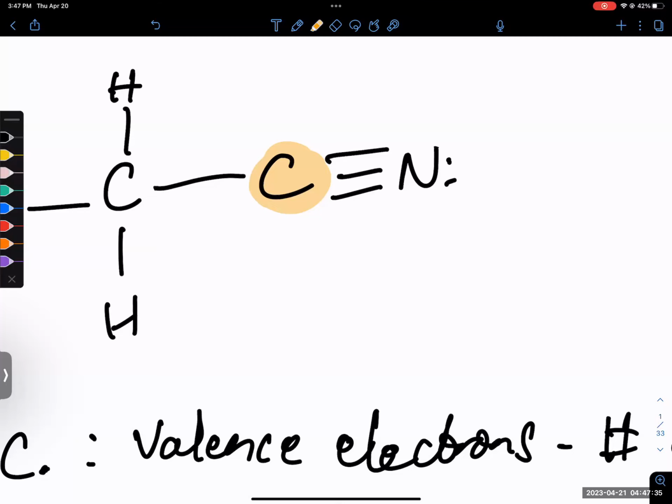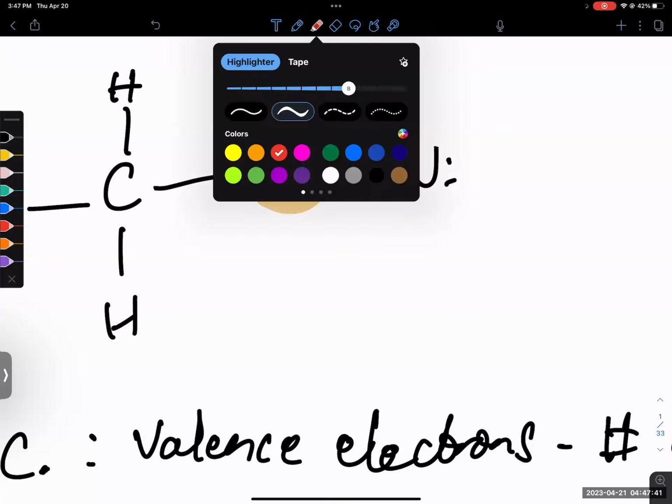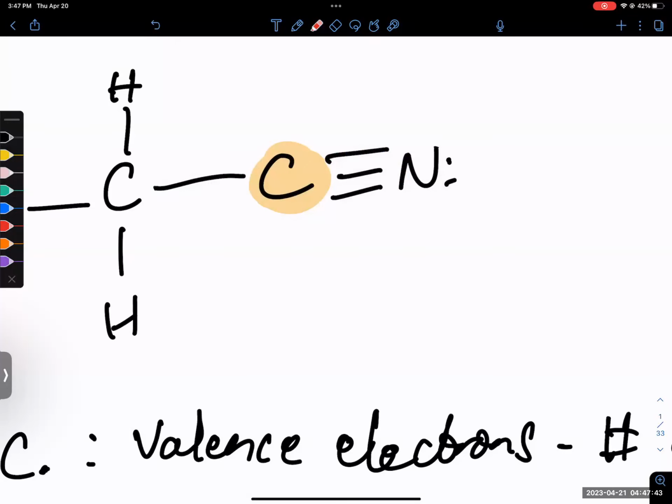So maybe a different color. 1, 2, 3. 3 electrons here. And there's also another one here, right? From this carbon. So how many electrons is it owning here?